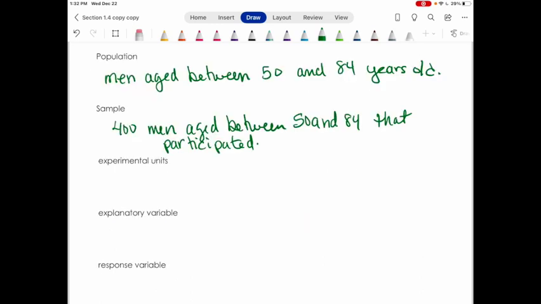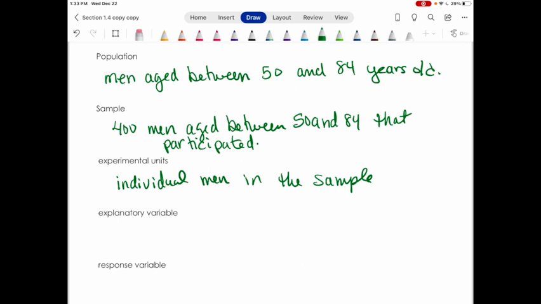Okay, now the experimental units are the ones that participated in the experiment. So these are the individual men in the sample.